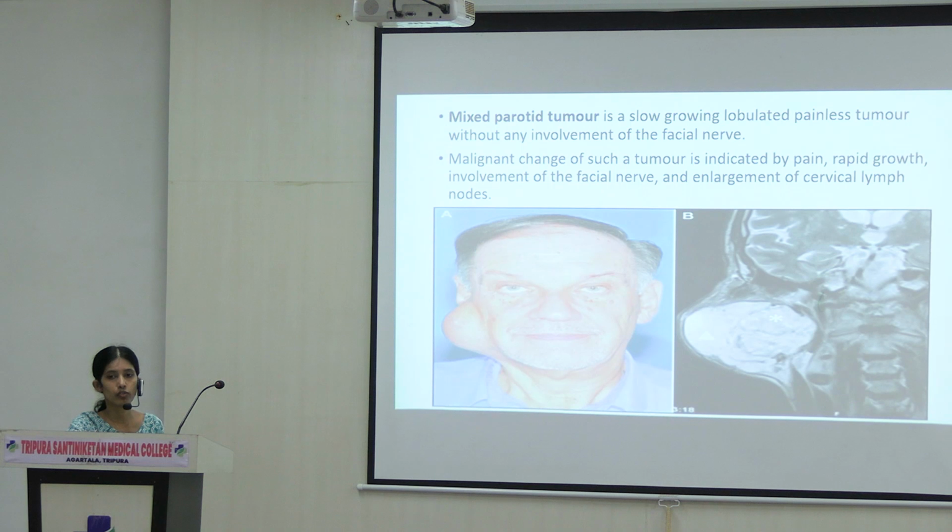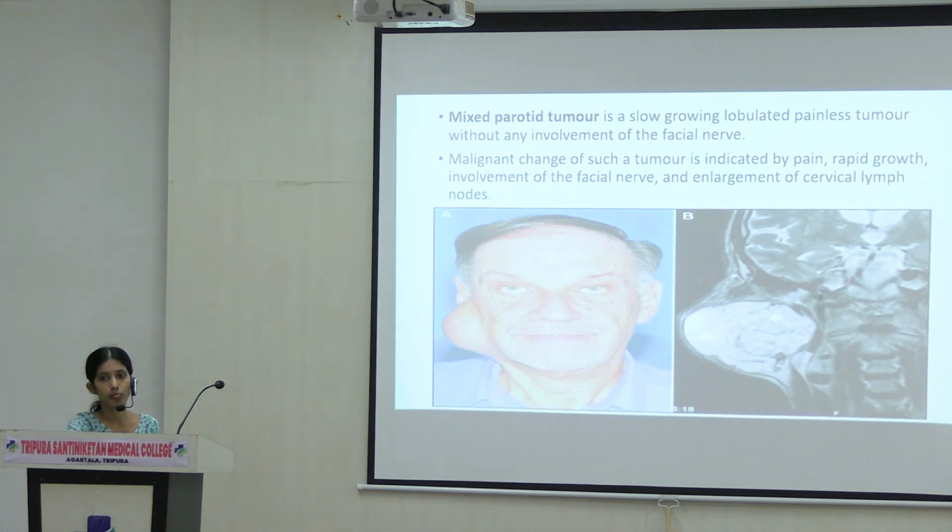What are the other types of tumor we generally see in the body? What is the difference between these two? Once the malignant changes start taking place, the tumor will show pain, rapid growth of tumor cells, involvement of the facial nerve and enlargement of the cervical lymph nodes.